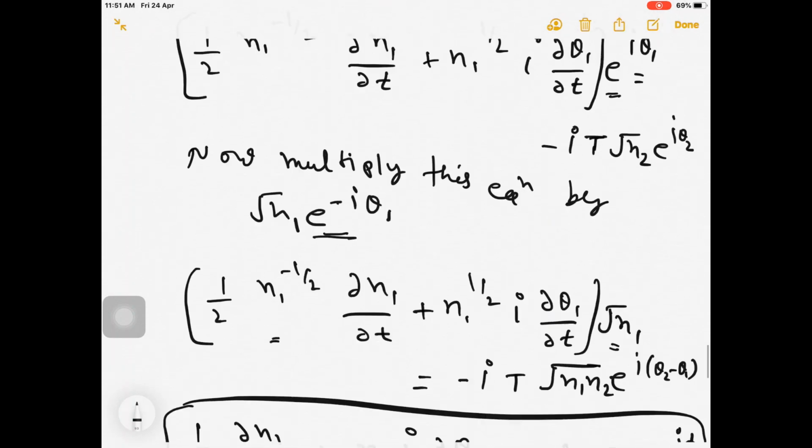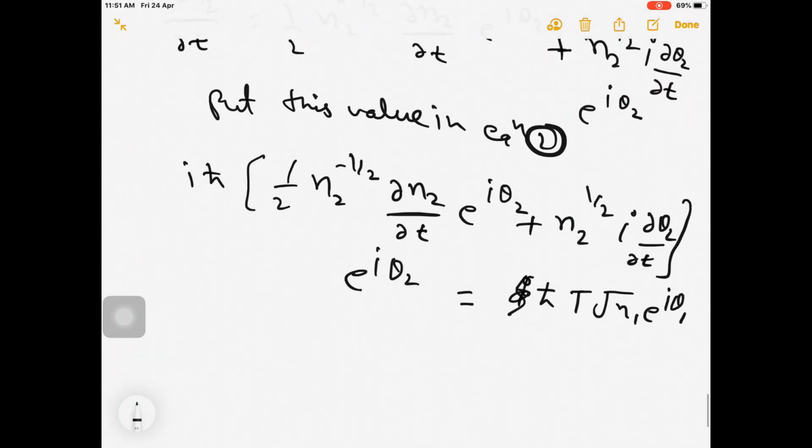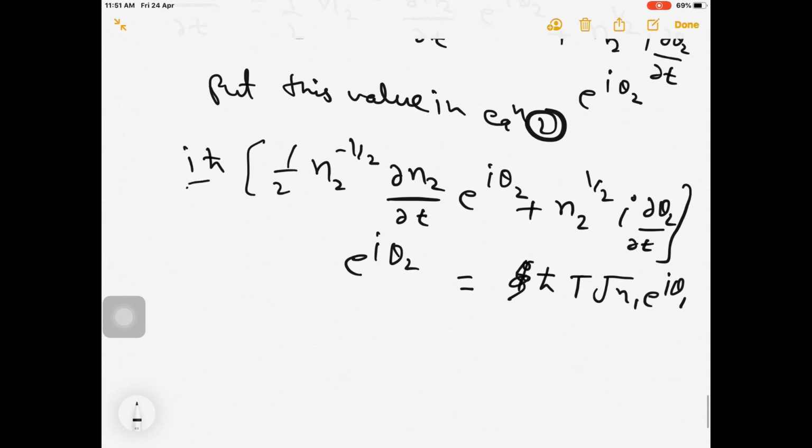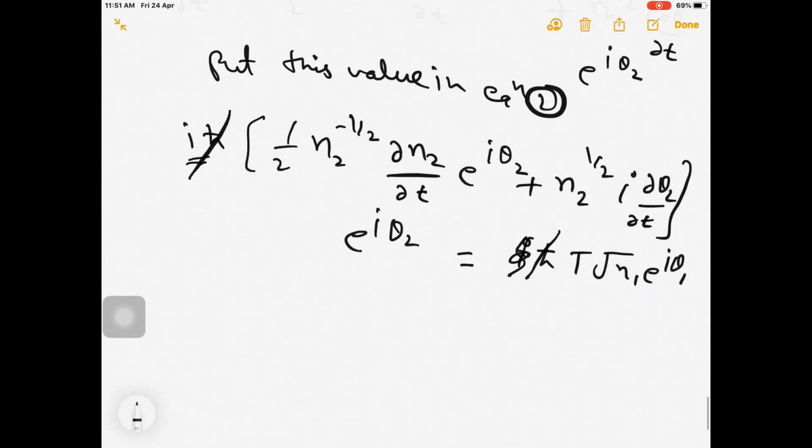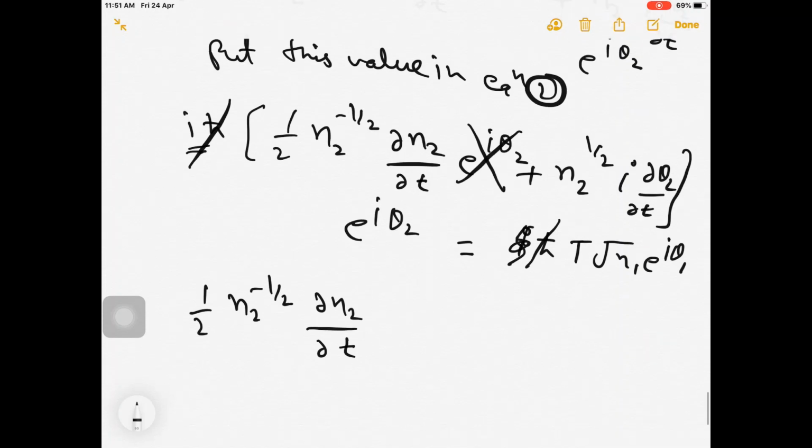Now I will transfer iota h cut to the right hand side, so h cut will be cancelled out with this h cut and iota becomes minus iota. So it will become half n2 power minus half del n2 del t. Sorry, I have taken exponential common, so it will not be here.